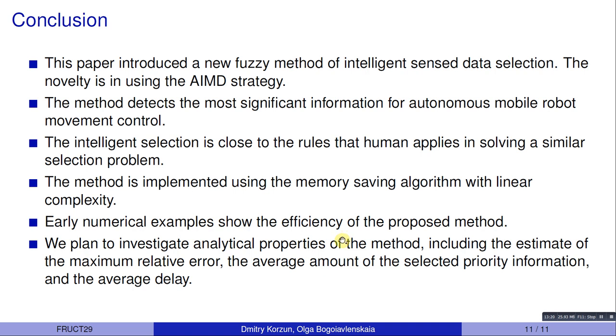It's intended to detect the most significant information and tries to imitate human cognitive function, as I said before. It's implemented using a memory-saving algorithm with linear complexity. Since this method is very simple, it could be implemented in a very efficient way. And also we propose several numerical examples that show the efficiency of our method.